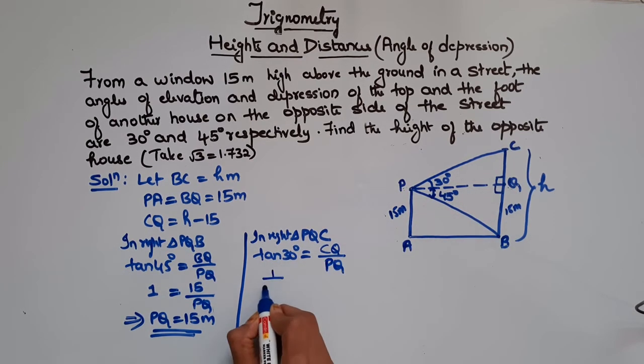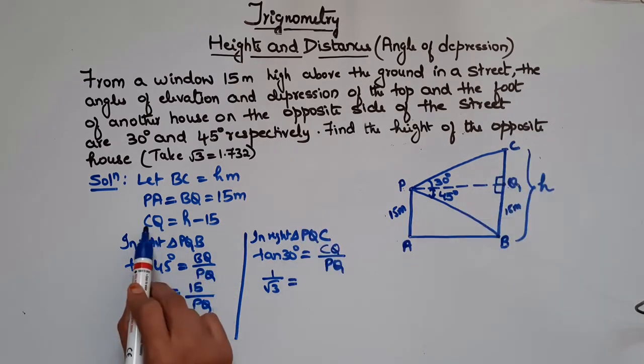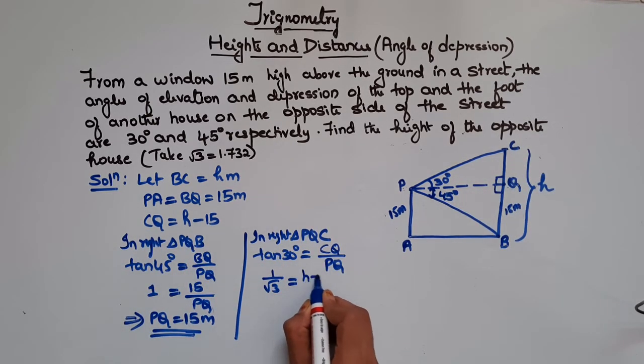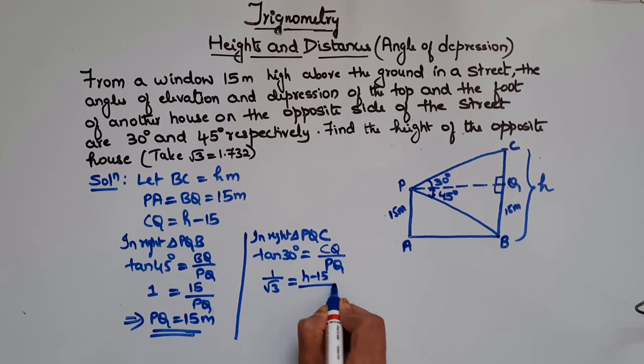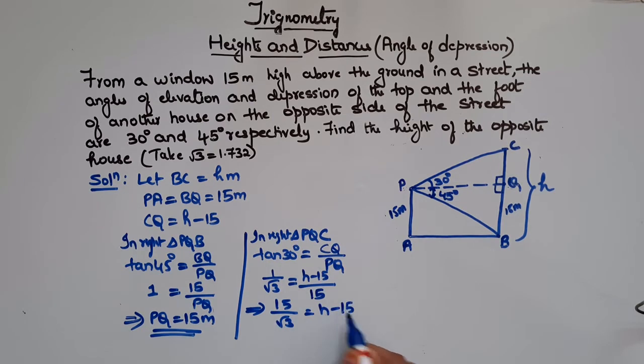Tan 30 is 1 by root 3, which is equal to CQ. So CQ we know h minus 15. So h minus 15 by PQ. PQ is 15. We will simplify this, which implies 15 by root 3 is equal to h minus 15.